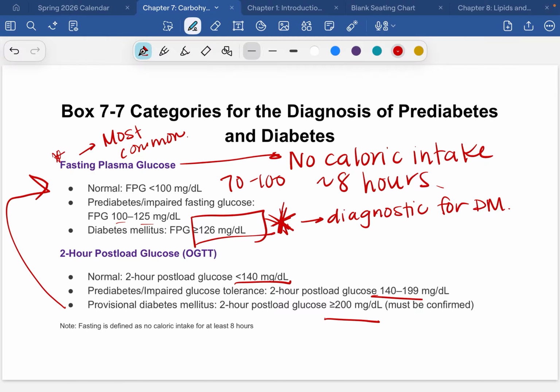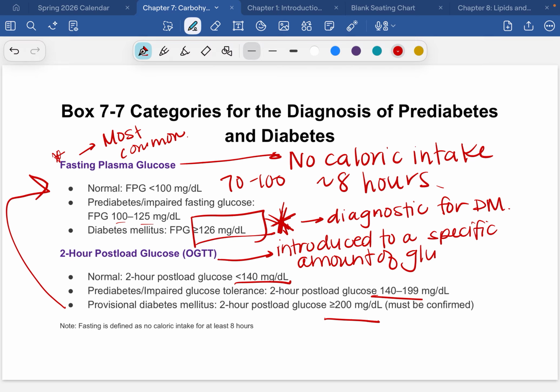The second type is the 2-hour post-load glucose, where you're introduced to a specific amount of glucose, usually through some kind of drink. I've read of people having to eat a certain amount of gummy bears or jelly beans or something like that.